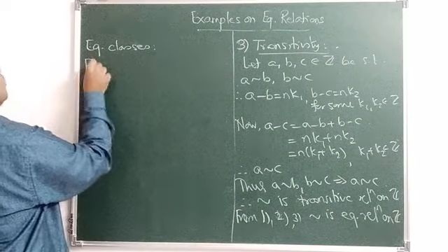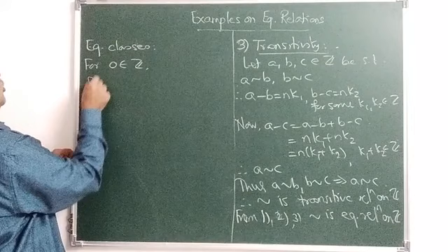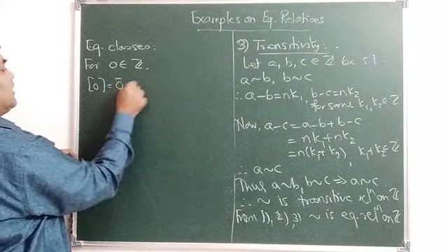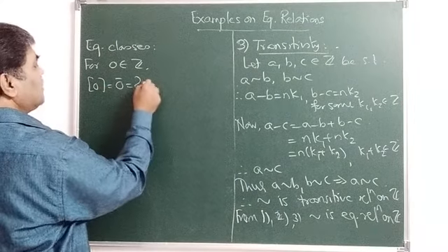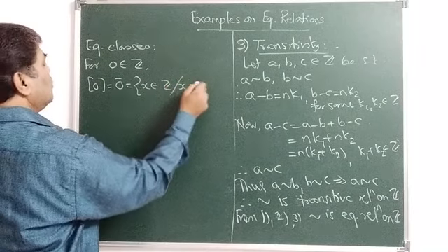For 0 belongs to Z, the equivalence class of 0, which is denoted by this symbol or 0 bar, is the set of those x belongs to Z such that x is related to 0.